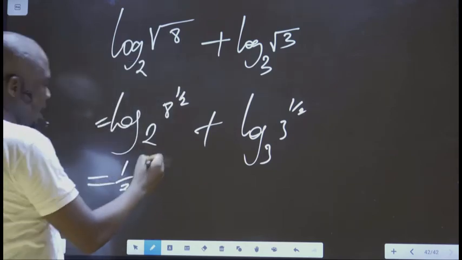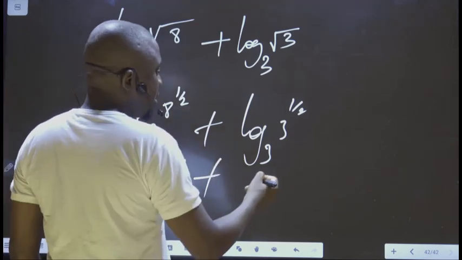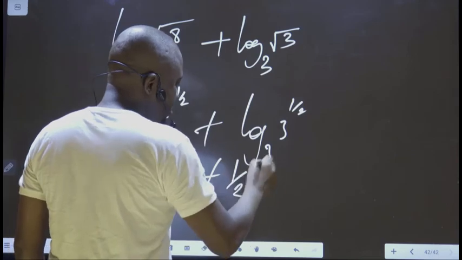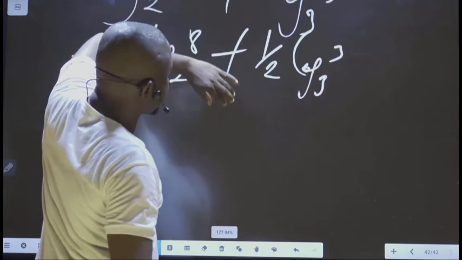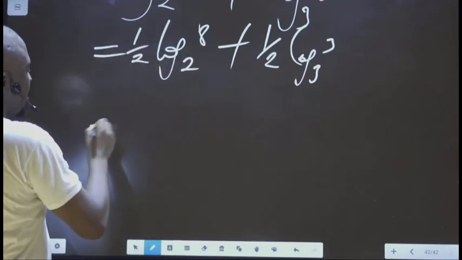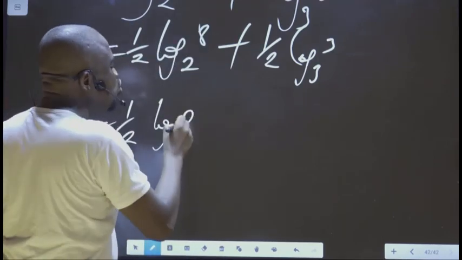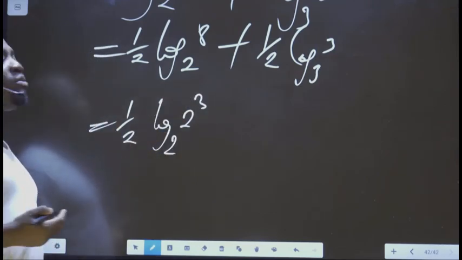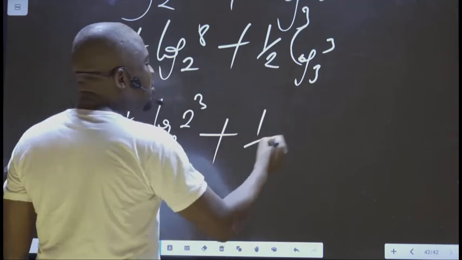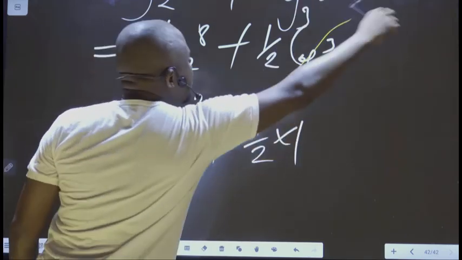This comes down here to allow these guys to stay. This will also come down to allow 3 and 3. With this now, we can produce something like this, log 2. What is 8? 8 means 2 raised to the power 3, right? 2 raised to the power 3, okay? Plus 1 over 2, this means 1. So multiplied by 1, this one is gone, okay?